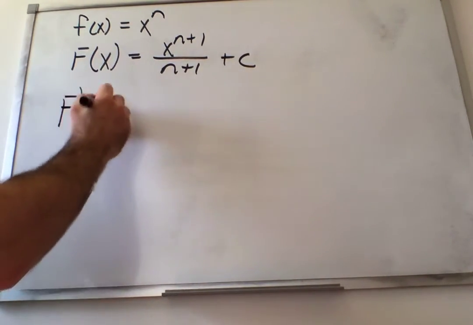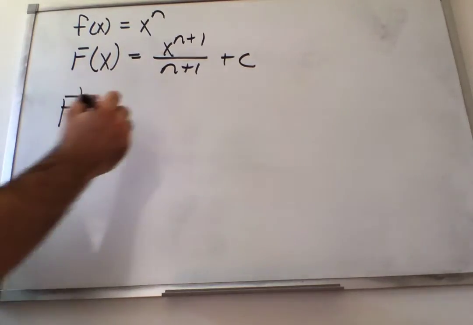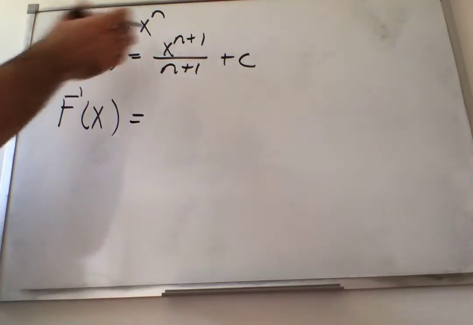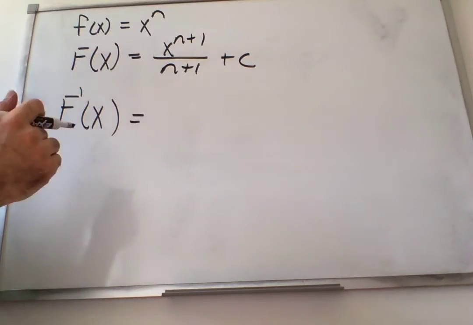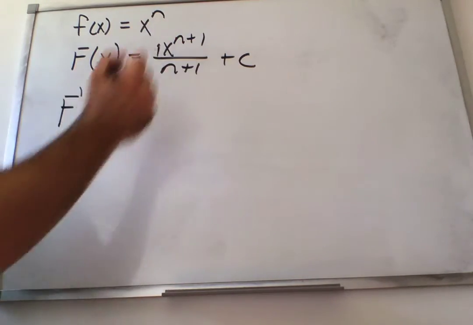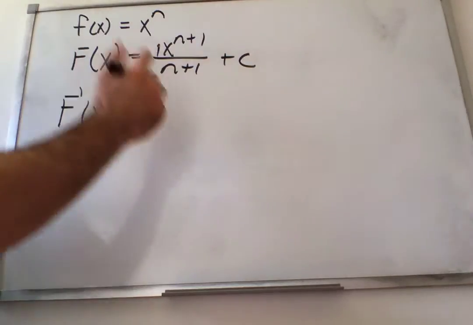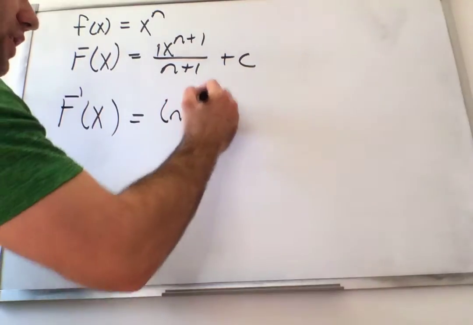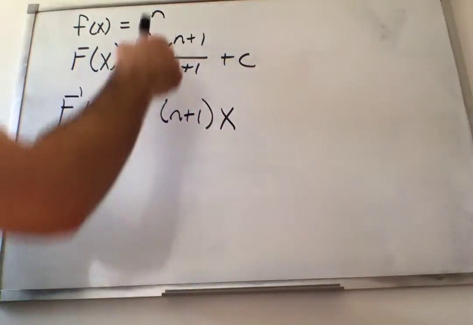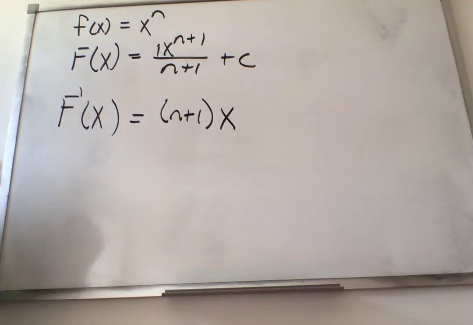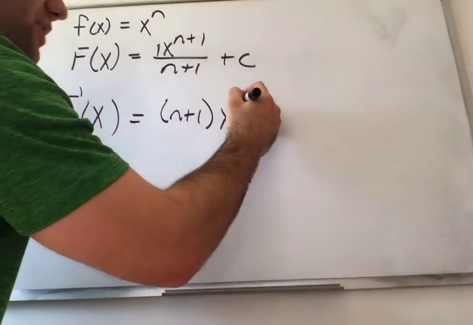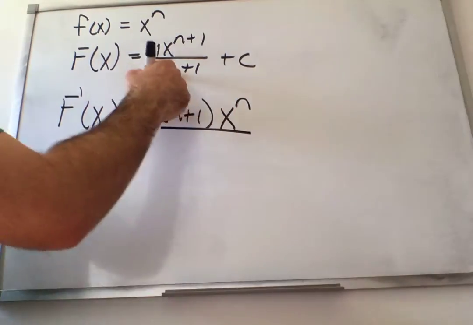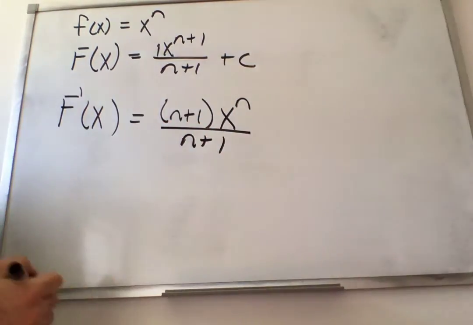Big F prime of x is equal to, well, let's go ahead and do the power rule. I take the exponent, I multiply it by the coefficient out front. Let's say that's a 1 there. n plus 1 times 1 is n plus 1. x to the n plus 1, I drop 1 power, so n plus 1 minus 1. Plus 1 minus 1 cancel, I just get an n. And then I still have an n plus 1 here.